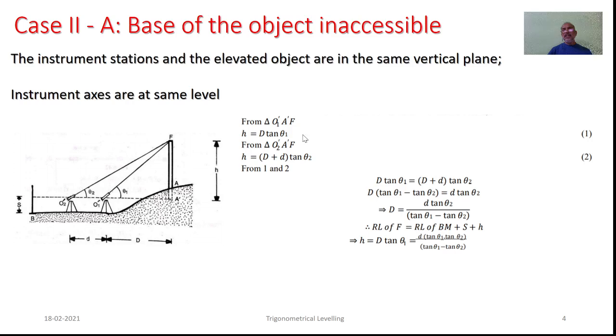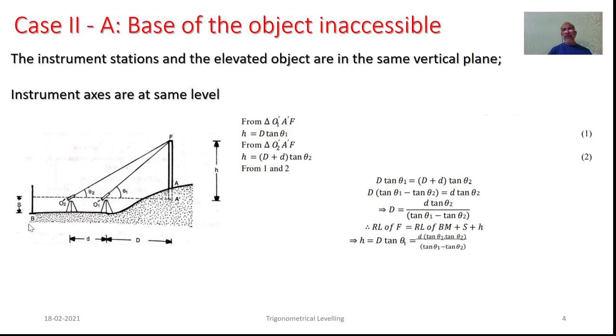Hence, as we compare both these expressions, this d can be expressed as d tan theta 2 divided by tan theta 1 minus tan of theta 2. This RL of station F can be determined by making use of the backsight taken on this particular benchmark.